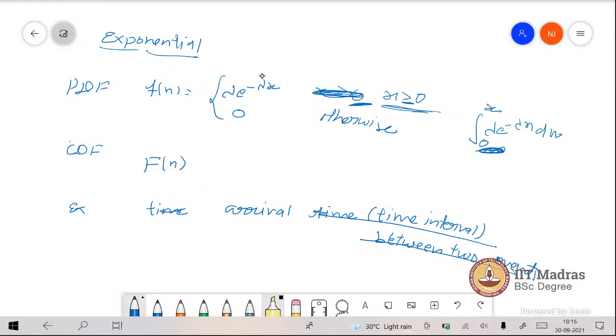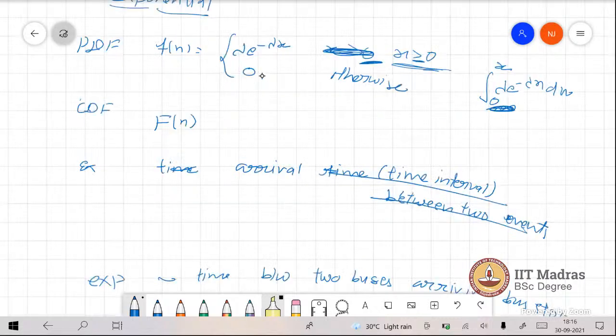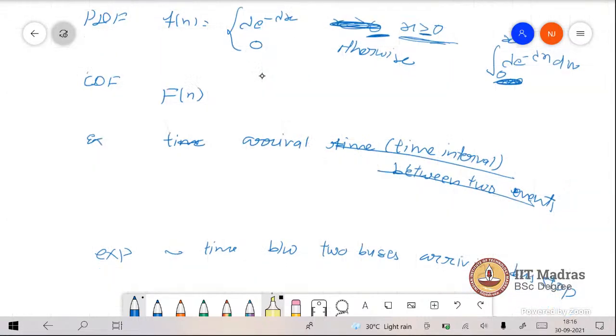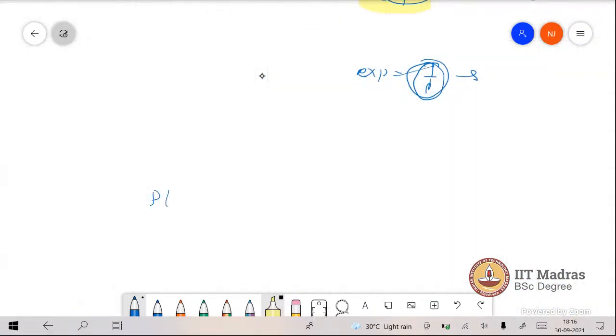You can include or exclude, it doesn't much affect, because the probability at a point is always 0. But if it is given as greater than 0, then it is good to accept this, because you always talk about the support of x, from 0 to infinity. So you can exclude that equality here.